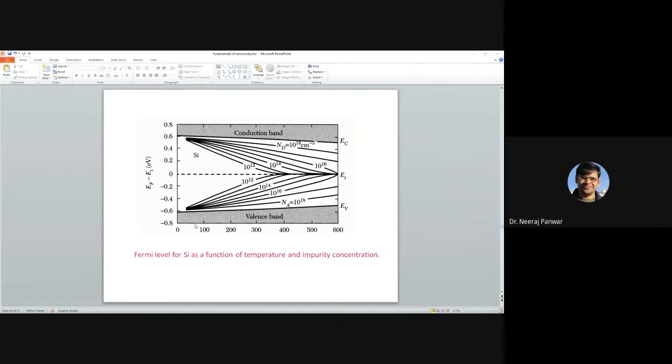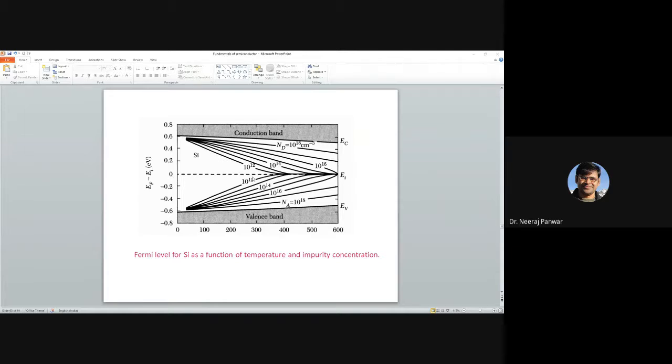Now, if we increase the temperature, donors and acceptors will start getting ionized, and the Fermi level will move up, meaning it will acquire the value of the intrinsic semiconductor.